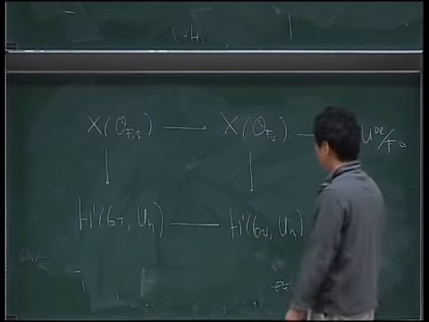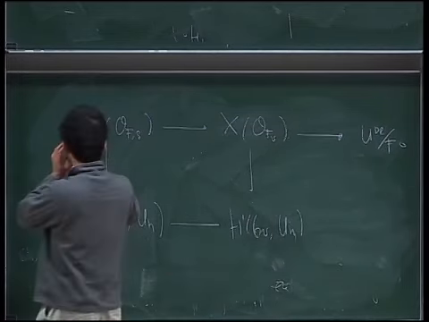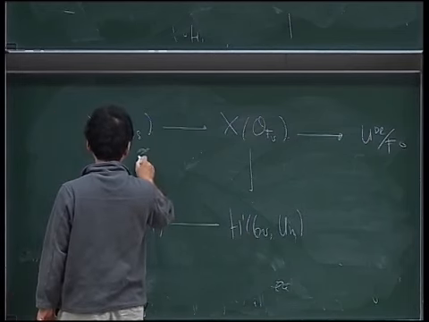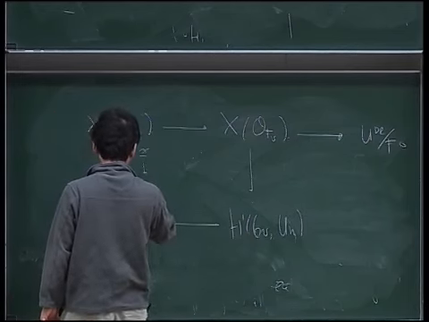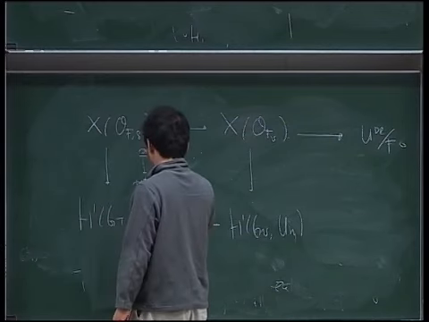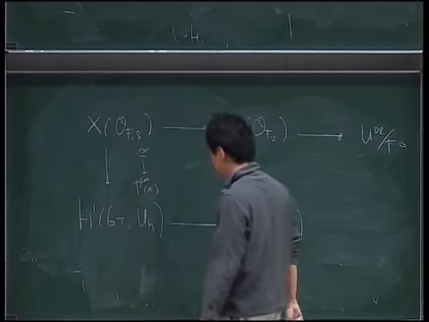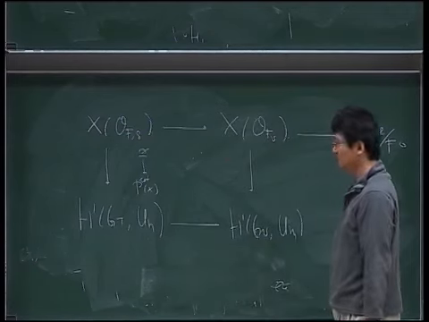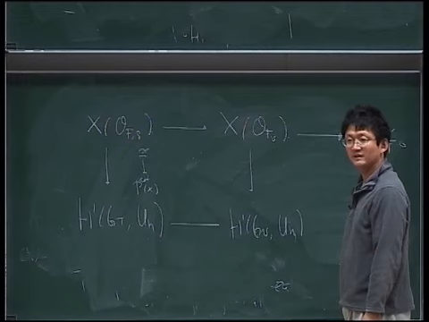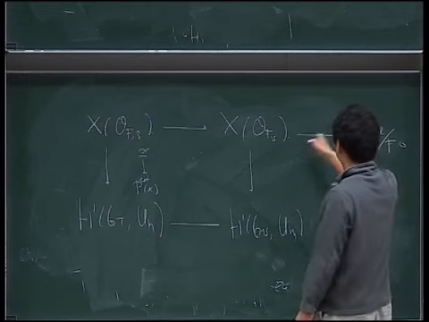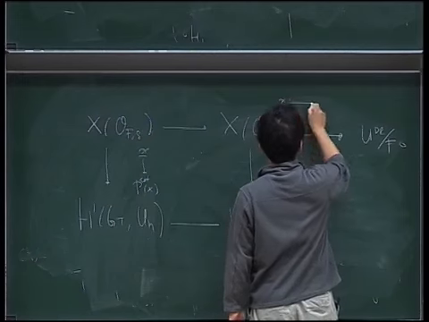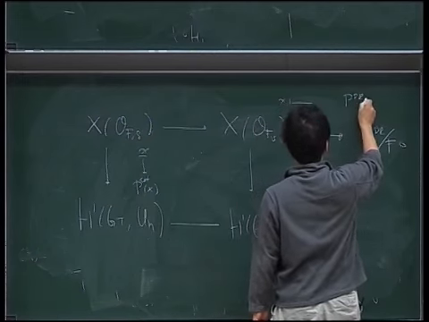So, we know what these maps are. These maps in the vertical directions all send something x to this torsor, this étale torsor of paths from b to x. And this map is the one that sends x to P^dR of x that we just discussed.